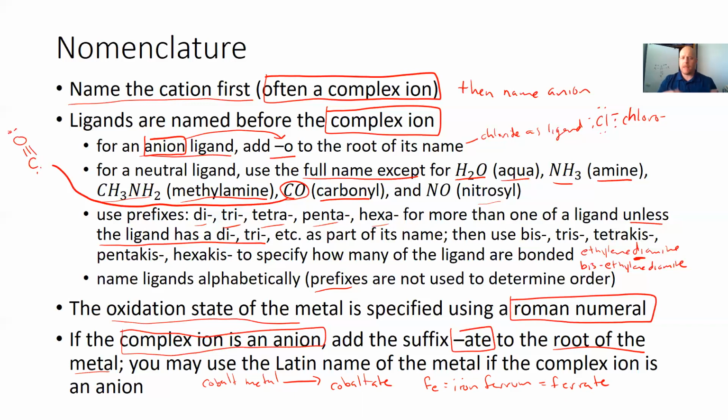And so this is a lot to take in, and we'll get some practice naming these, both naming complex ions from a structure and taking a structure and determining the name of the complex ion. We'll get some practice doing both of those. But again, we're going to end a little bit early here so that I don't get too far down this road, because I figure you guys have enough to deal with going into our exam on Thursday.